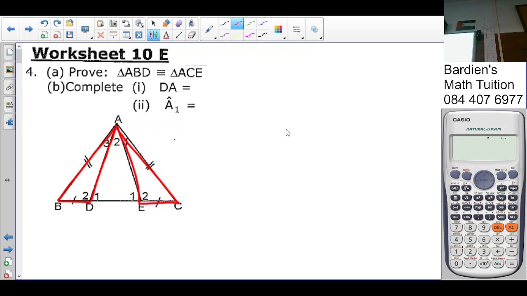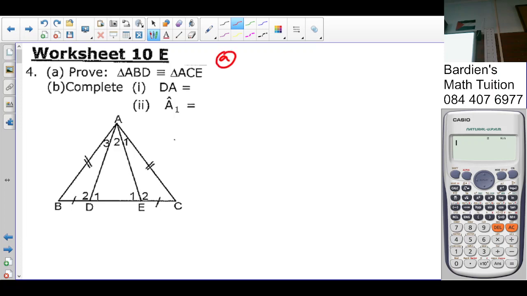Why? Given. What else can we say? BD is equal to EC. Why? Given. One more. Angle B is equal to angle C. Is that an included angle? Yes. And why is that the case? Angles opposite equal sides. Okay. So it's enough to conclude congruency at this point.